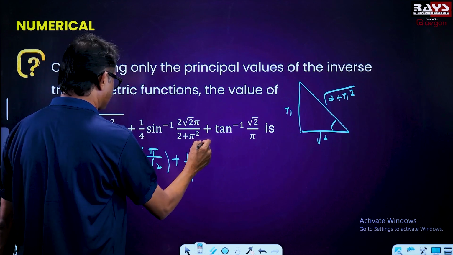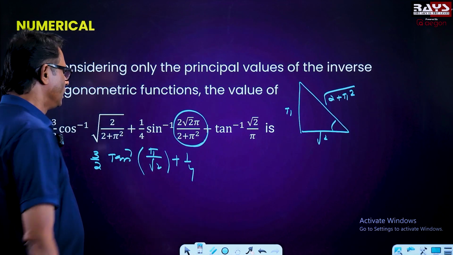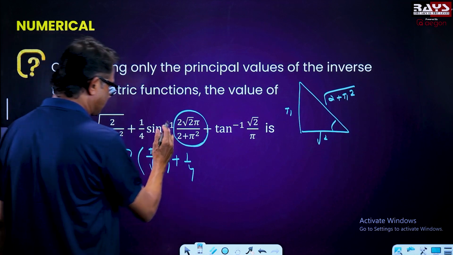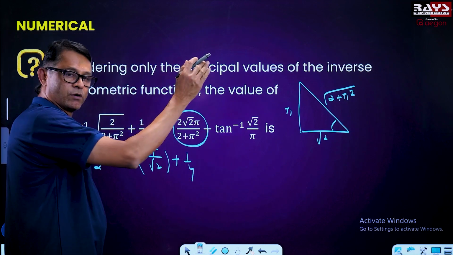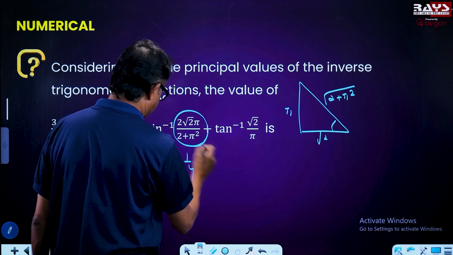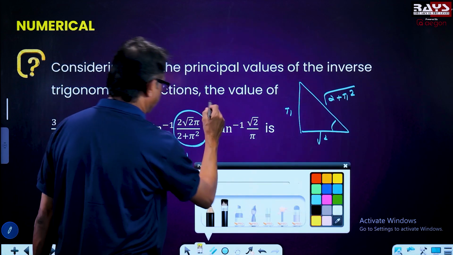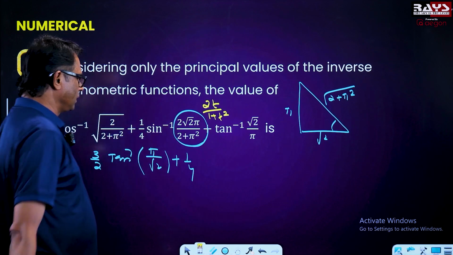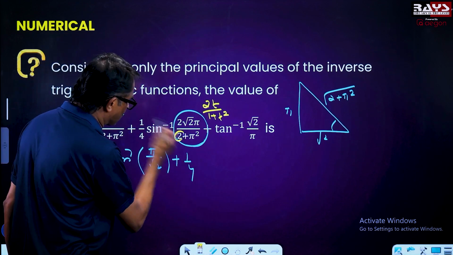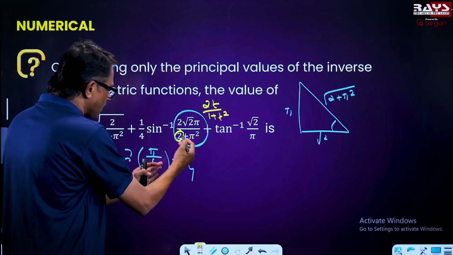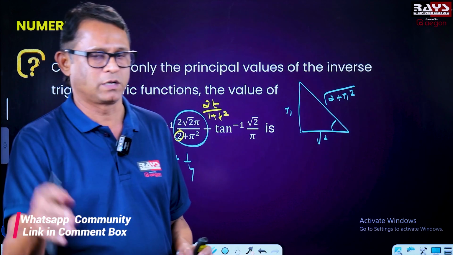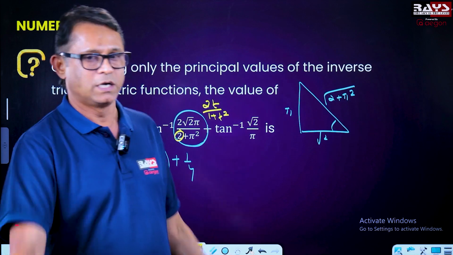When you look at this function, this is of the form 2 tan theta by 1 plus tan square theta. When you see such functions, you immediately remember 2 tan theta by 1 plus tan square theta. So here you have to make 2 as 1 or pi square equal to 1, that means you have to divide by 2 or divide by pi square.